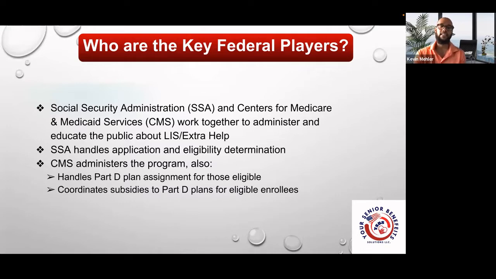SSA handles the applications and eligibility to determine if you qualify. CMS more so administers the program and handles Part D plan assignment for those who are eligible, and they also coordinate subsidies to Part D plans for eligible enrollees.